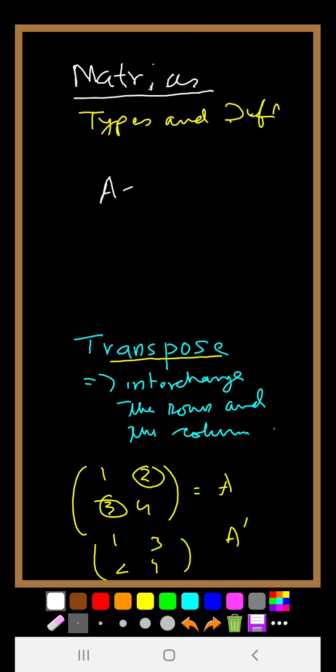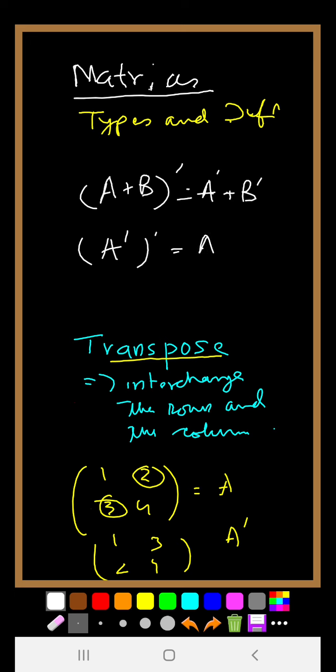(A plus B) transpose is equal to A transpose plus B transpose. And A double transpose, if you do it, you get back the same matrix.